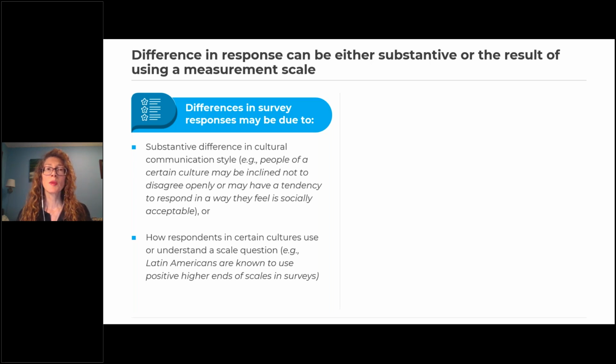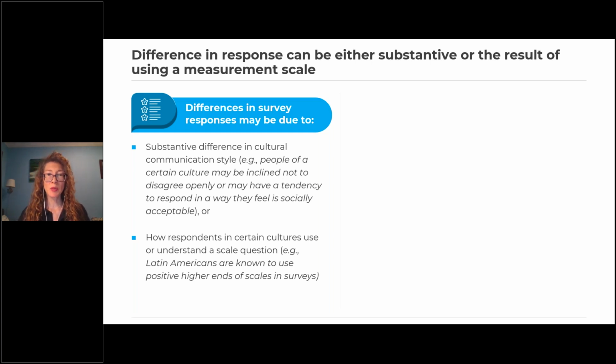So now we're going to think a little bit about the difference in responses. They can be either substantive or in nature, and they also might have to do with the scale itself. So let's think about a couple different areas. Number one, the substantive difference in cultural communication style. So in some cases, disagreeing openly or vehemently agreeing might be more acceptable or almost expected of people.